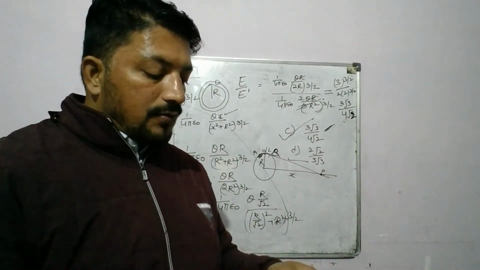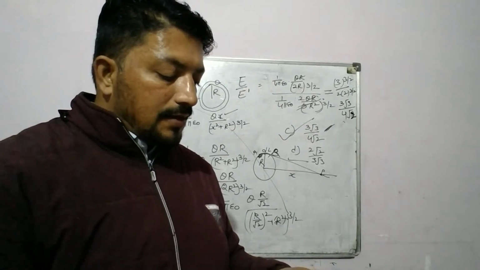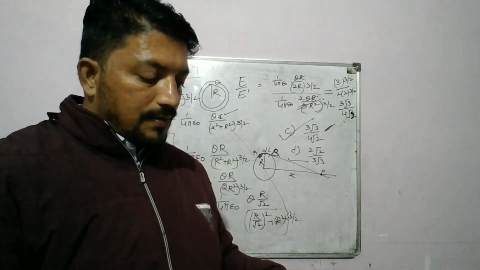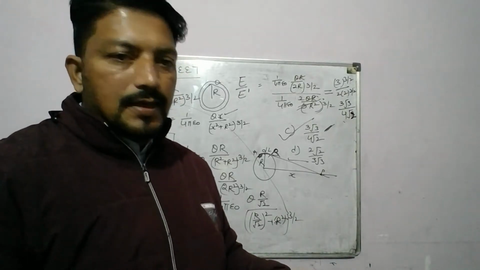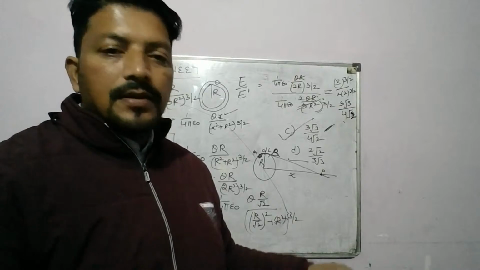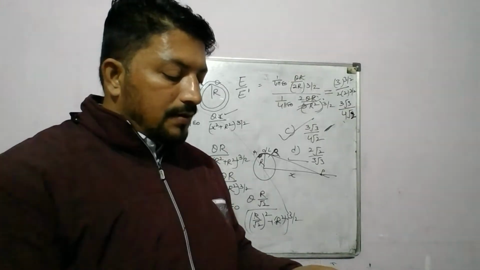Then the magnitude of electric field intensity at the point 18 centimeter away is. It means one is a straight wire. Uniform charge density is 1 by 3 coulomb per meter.